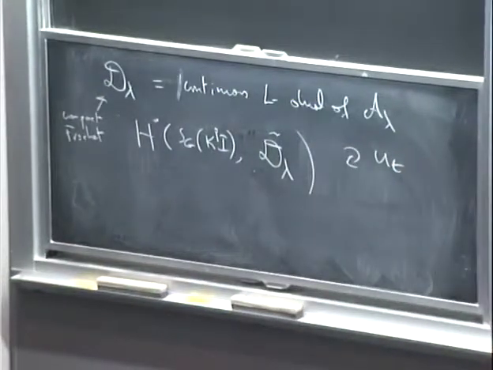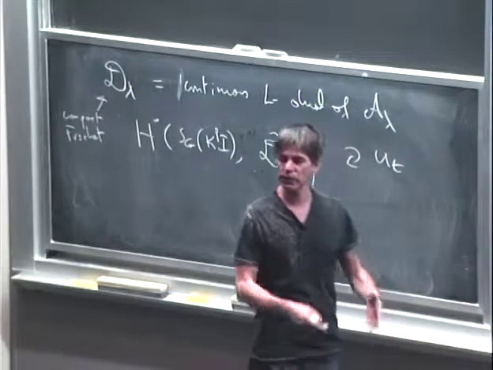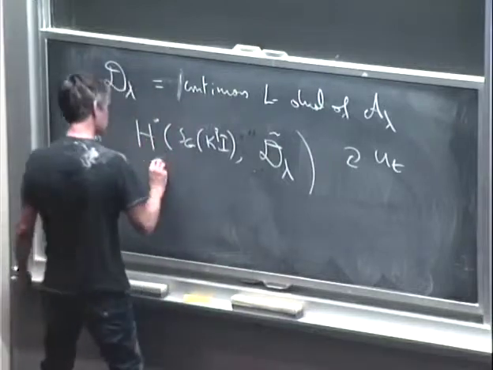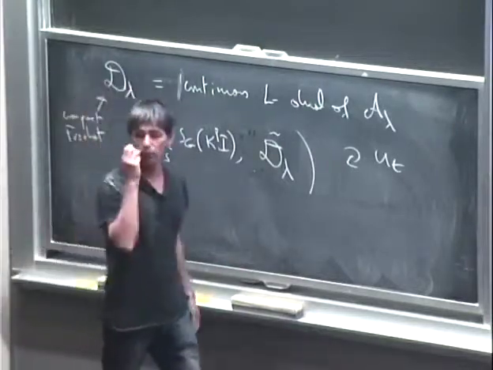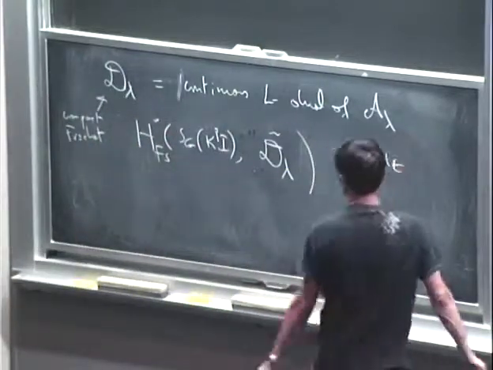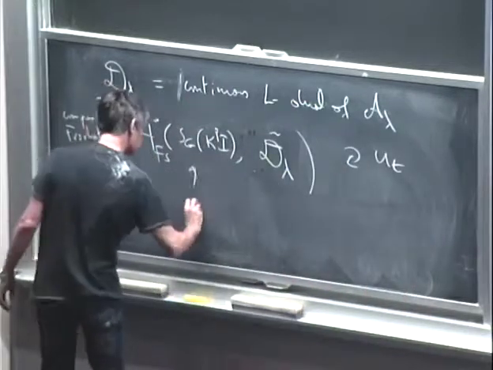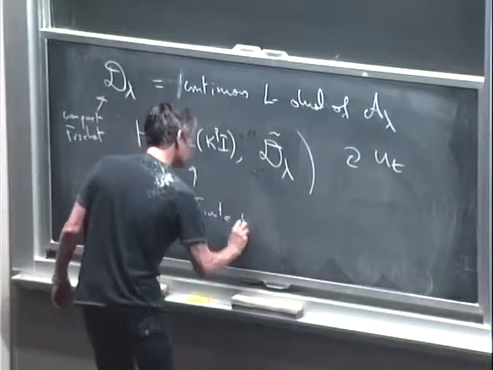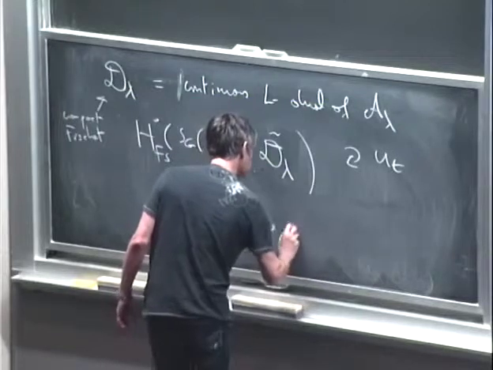And so what you can do is look at the finite slope part of the complex and then compute the cohomology of this finite slope part. And that makes sense, and what we get is the finite slope cohomology.